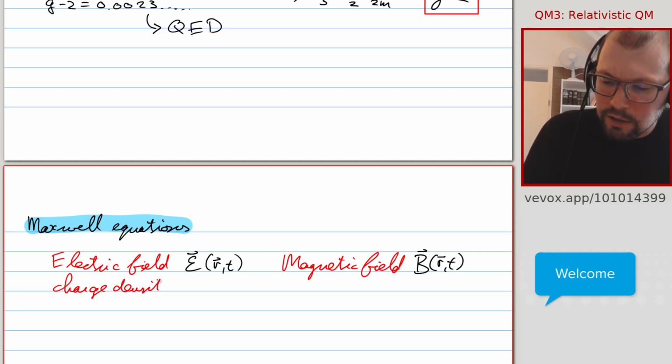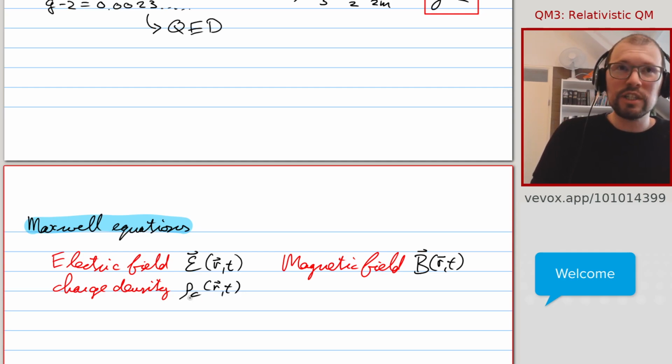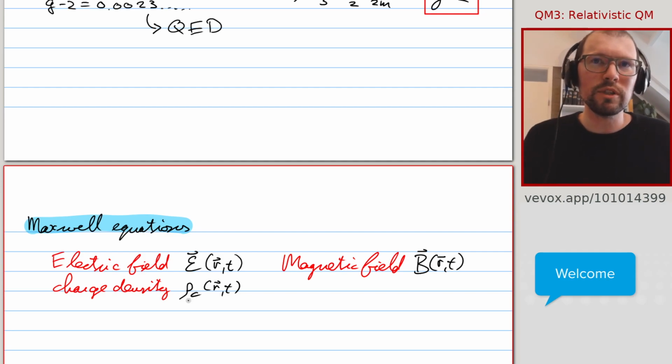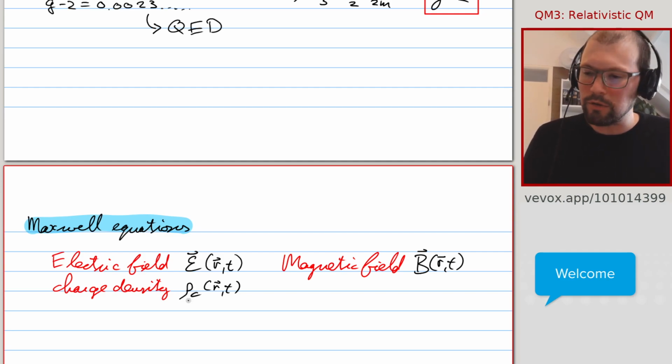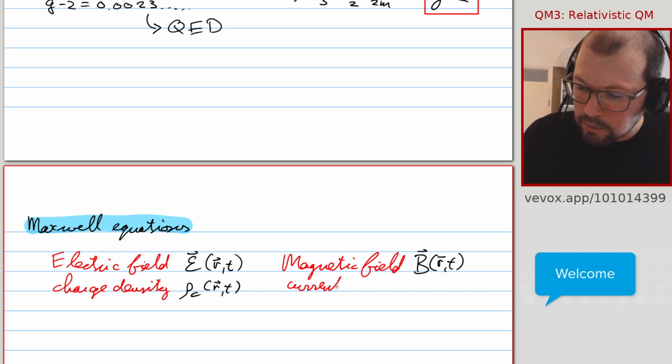We have a charge density rho. Let's denote rho with subscript C to differentiate it from the probability density that we've seen before. And then let's say just current density J_C.